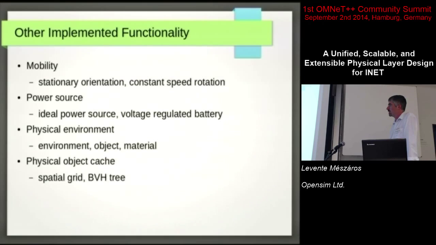And also the power model was replaced. The old power model was replaced by a new one that also has a separate interface that can be replaced with an alternative implementation and works well with the other parts of the system. And the physical object cache does efficient intersection computation, with a bounded volume hierarchy tree and spatial grid.